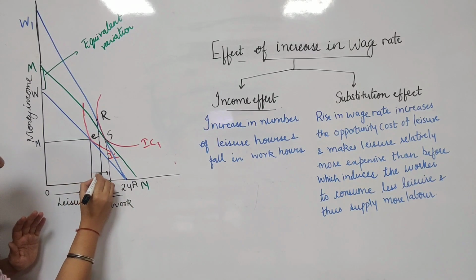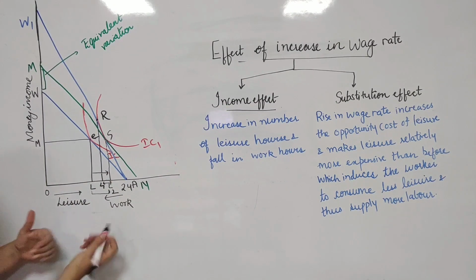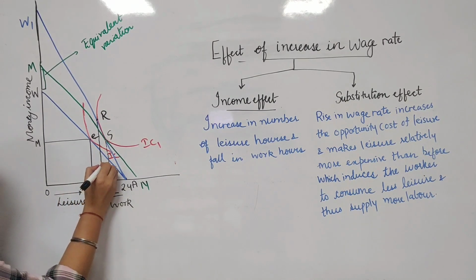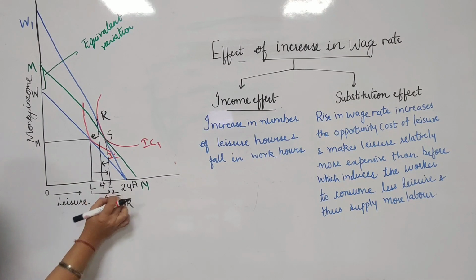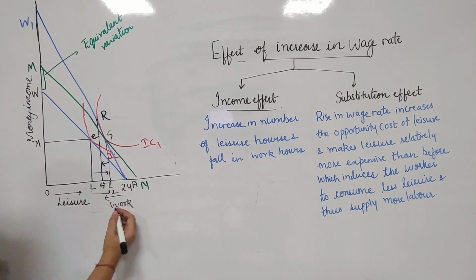Due to the income effect there was an increase in leisure hours from L to L2, and due to the substitution effect, he reduced his leisure hours by L1L2 and increased the number of work hours.